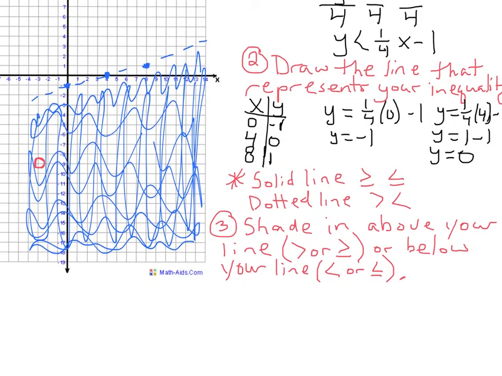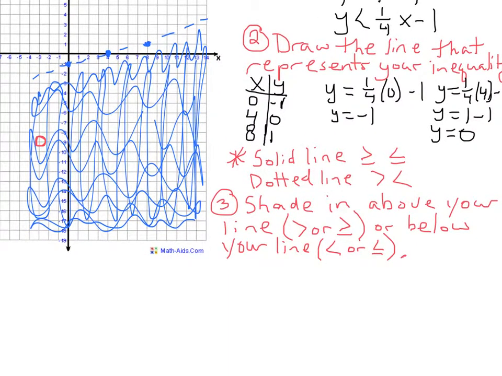Just going to move this up a little bit more. Let's pick one of the points that we used, because these points here are all right on that dotted line. So let's try one of those. We'll try 4, 0 in our inequality. We have y is less than 1/4 x minus 1.